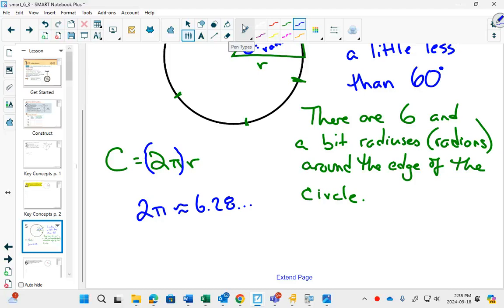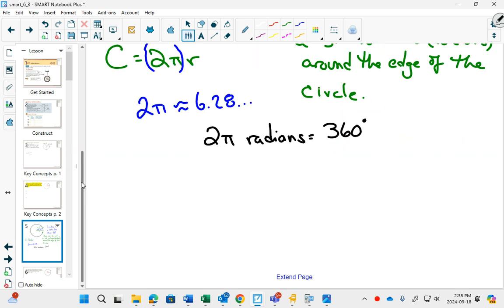If I wanted to find out how many radiuses I would need to go all the way around, it's going to be 2 pi of them exactly. And so this means we can now do a little bit of work being exact. We know that 2 pi radians, a whole circle, is exactly 360 degrees. How many radians would be halfway around? If I went only 180 degrees, I would get 1 pi, or just pi.